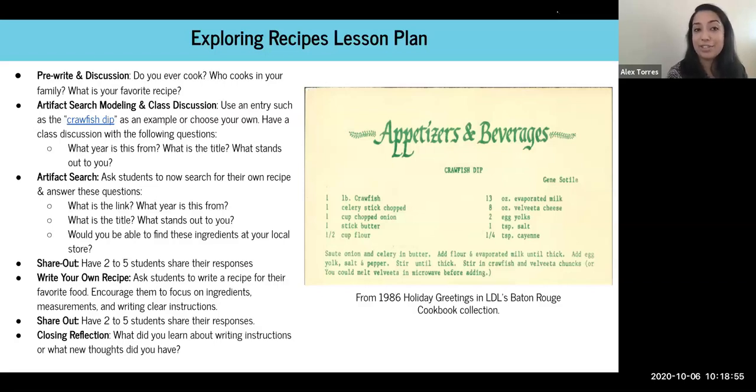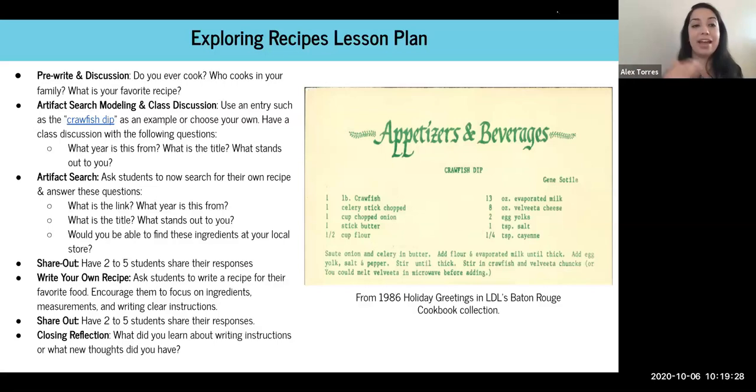So we would ask the students a pre-write discussion to get them thinking about what do they cook, who cooks in their family, what are some of their favorite recipes, just to get them in the mindset of thinking through recipes. And then you would present the LDL, and it's good to give them context of what a database is beforehand, in terms of modeling for students how to log on and how to use the search bar.